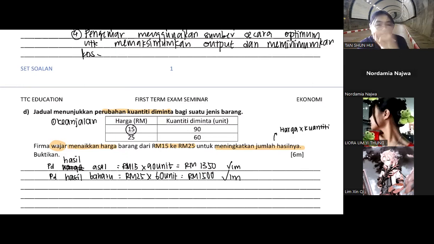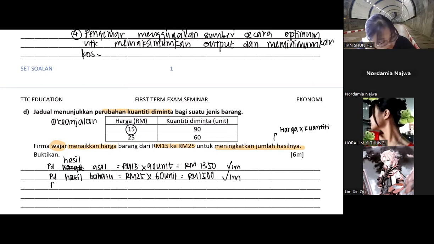If you really cannot think of keanjalan, like this, at least you get 2 marks. Of course, they ask you to prove they earn money, so compare. Do they earn money? Yes, right? Previously income is 1350, now is 1500. The income has increased.